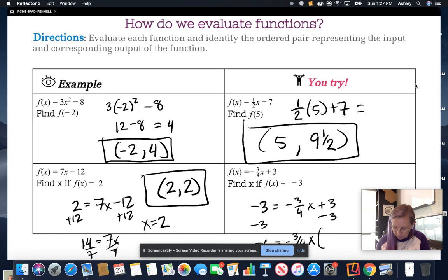To move this entire fraction all together, I'm going to multiply by the reciprocal, right? So my 3's would cancel and my 4's would cancel. Over here, of course, I do the same. -4 over 3. -4 times -6 is positive 24. 24 divided by 3 is 8. So x must equal 8, which means when I have an input of 8, I have an output of -3.